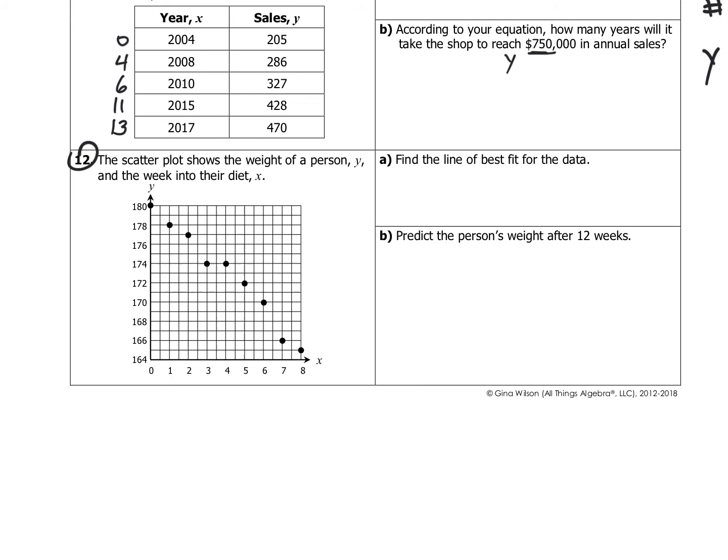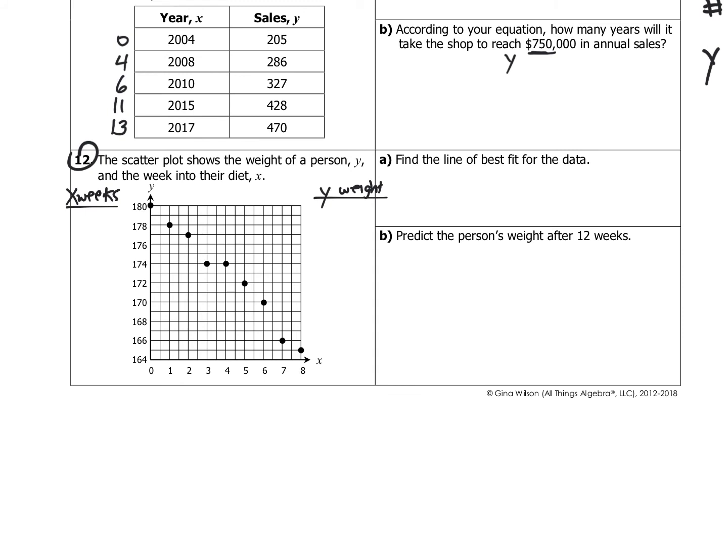All right, so number 12. Number 12, I have to get the points from the graph. So I'm going to write these out real quick. X is weeks. Y is weight. Okay.